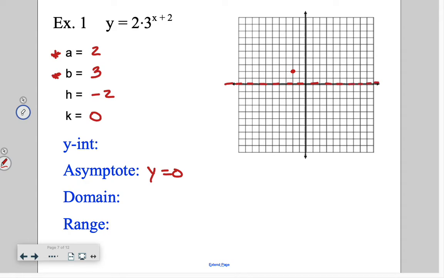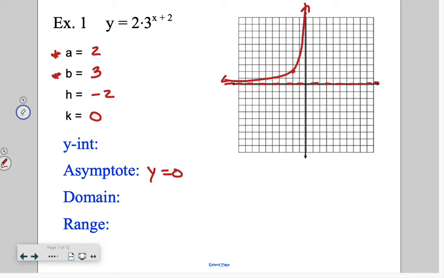And based on our b value, our multiplier, I know that this is an exponential growth equation. So I can now sketch in the exponential growth. All right, so there's the general shape of the graph.